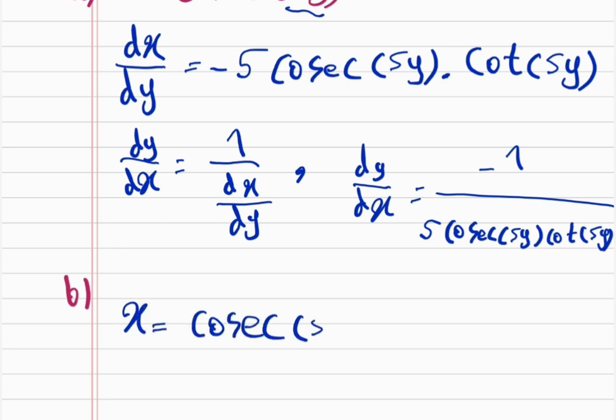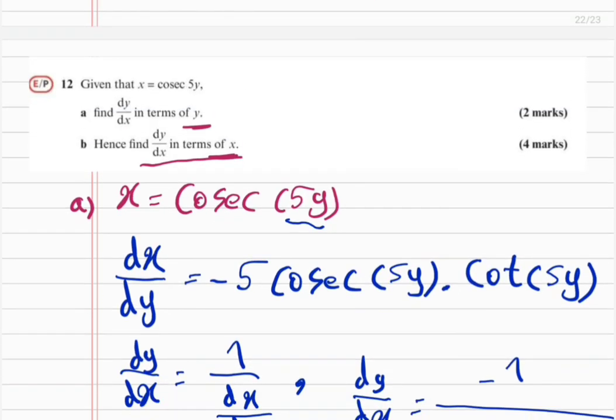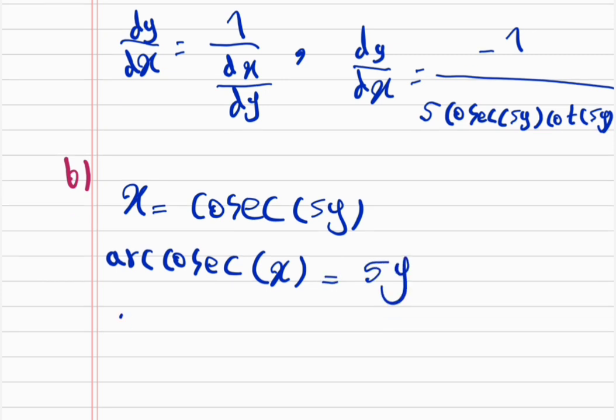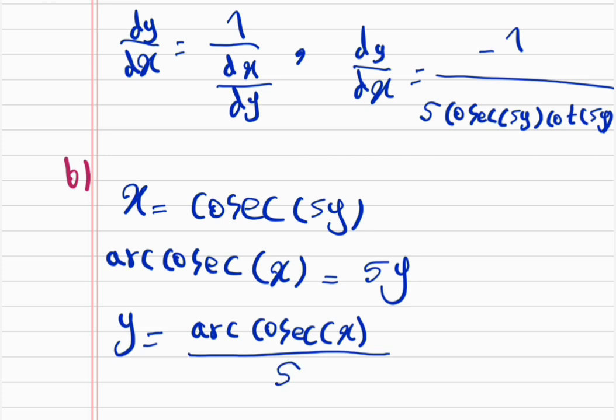So that's the initial function, and we can use the arc cosec to write y in terms of x. So it's going to be arc cosec x, which is very long, is equal to 5y, and we want this in terms of x, so just divide both sides by 5. We are going to get arc cosec x divided by 5.